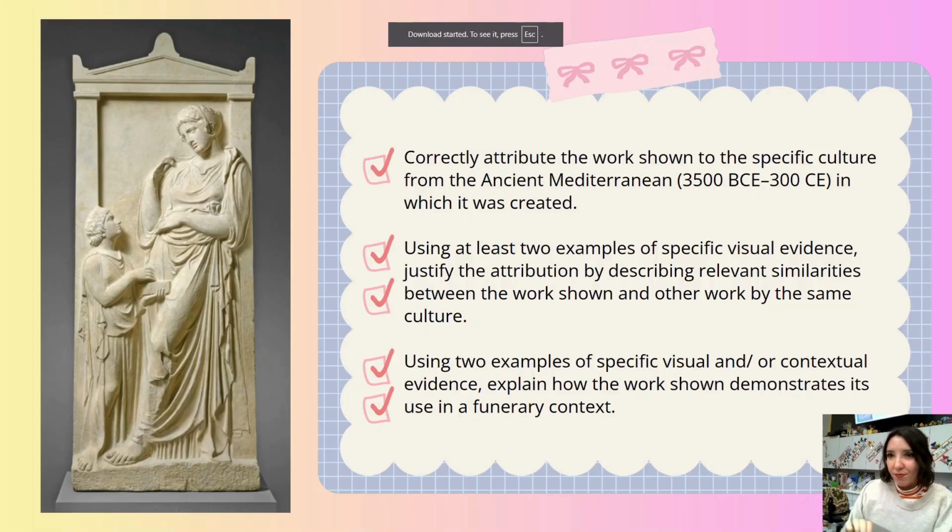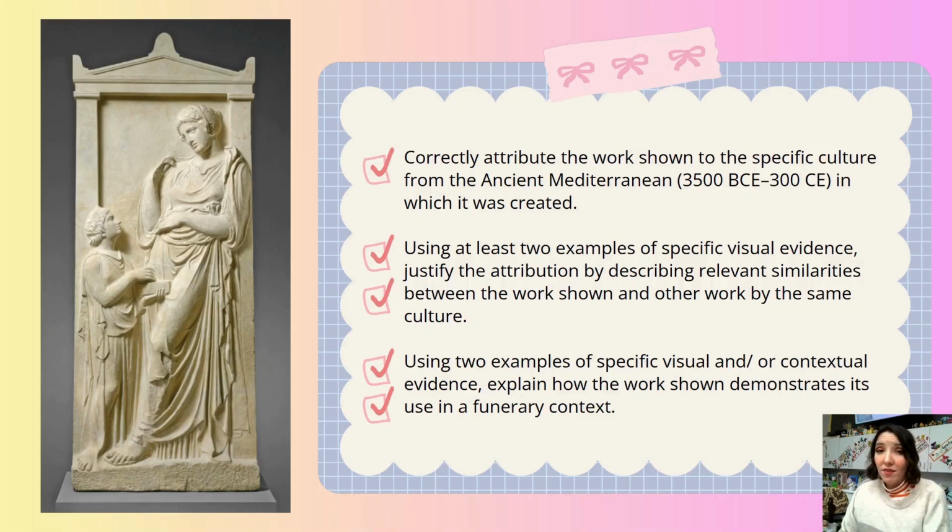Then next question, this is usually the same for almost all attributions, using at least 2 examples of specific visual evidence, justify the attribution by describing relevant similarities between the work shown and other work by the same culture. So this is kind of like comparing and contrasting to the one in the 250.